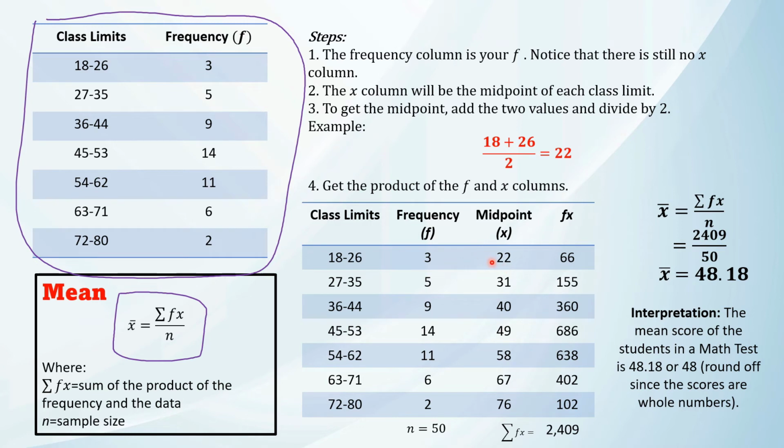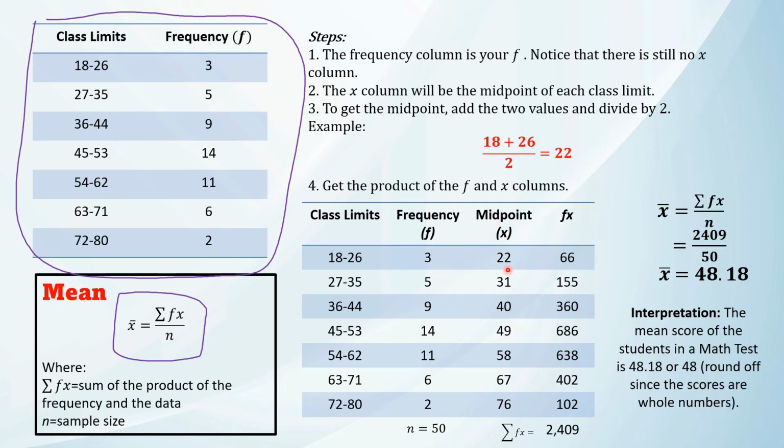If you continue the same process, you will get these values. Again, 27 plus 35 divided by 2 is 31. 36 plus 44 divided by 2 is 40. 45 plus 53 divided by 2 is 49. So that is how we get the midpoint column.